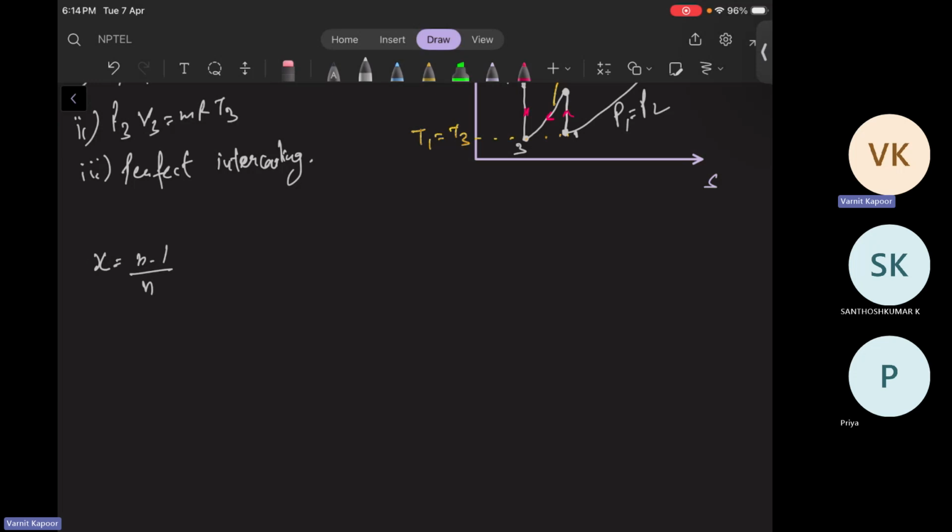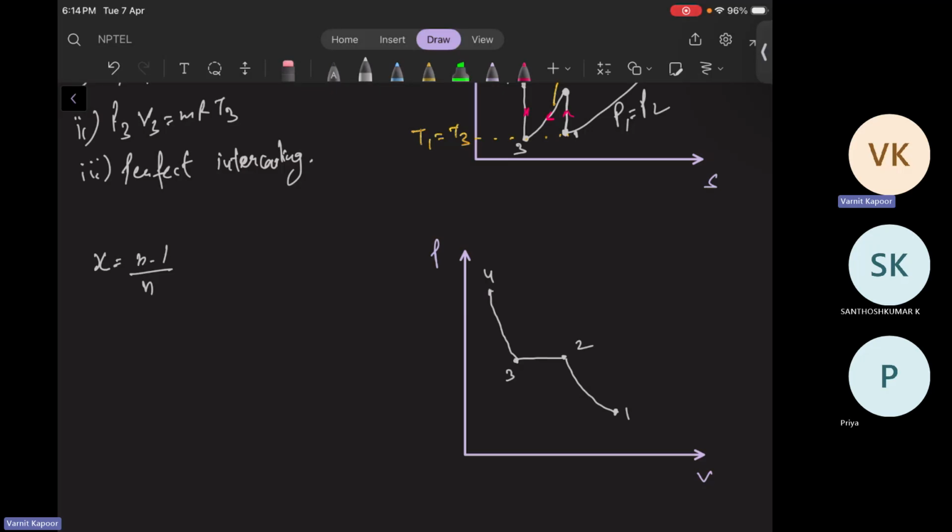Let me recall that by making a graph again of pressure versus volume. First we increase the pressure from 1 to 2, volume decreased 1 to 2. Then at constant pressure, the temperature was decreased at an intercooler. Then finally, pressure was increased from 3 to 4.